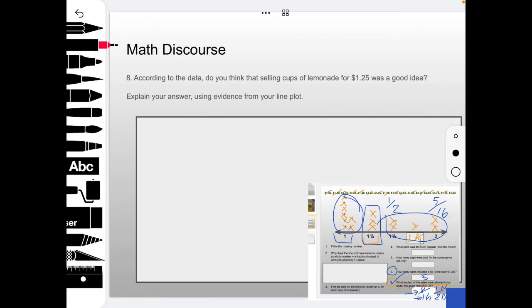For the very last question on this assessment, I simply wanted you to talk about the information that you discovered through answering the previous questions. I wanted you to explain why you thought that $1.25 was a good price, or why you thought it was a bad price. And you had to use data from the actual line plot, okay?